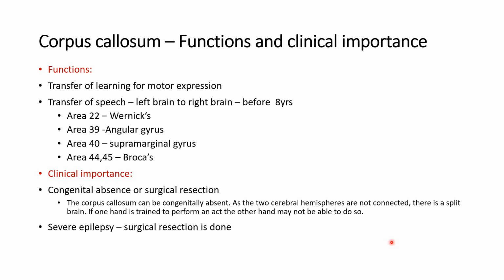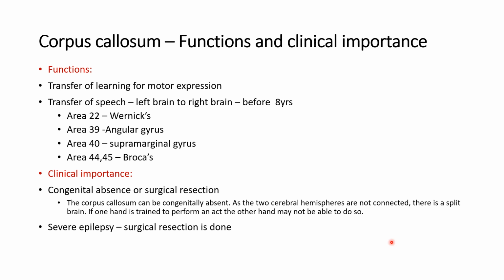This is possible because of the corpus callosum. If it is absent, what one hand is trained to perform will not be able to be performed by the other hand. So now you have understood what the corpus callosum is and its importance, and what type of fiber it is.